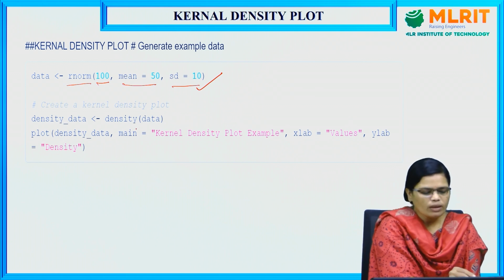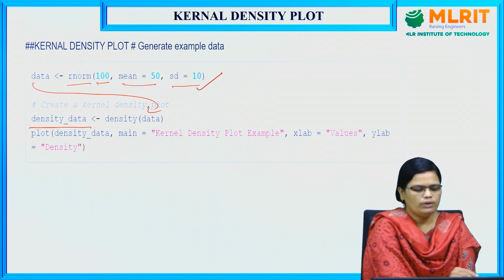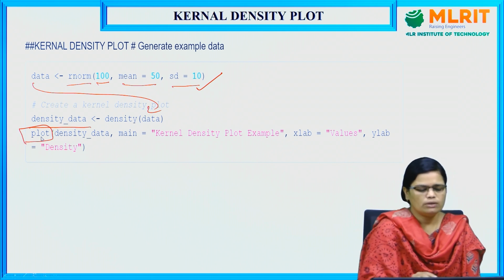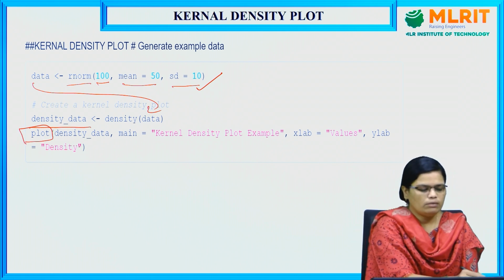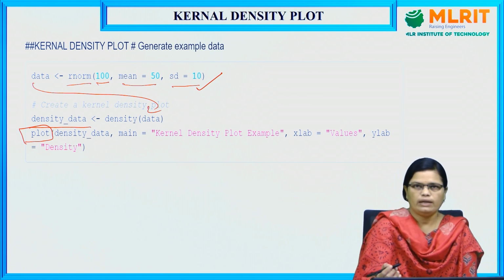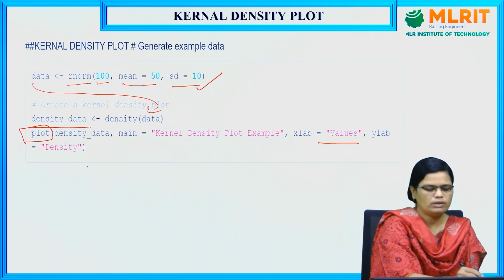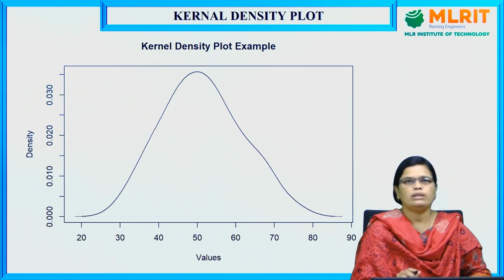And we are assigning this data to density data, and we are using the plot function to draw a density plot. Here we have assigned the x label values and the y label values.